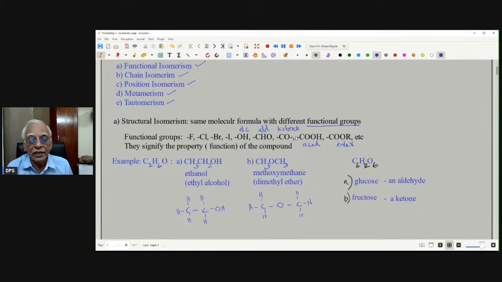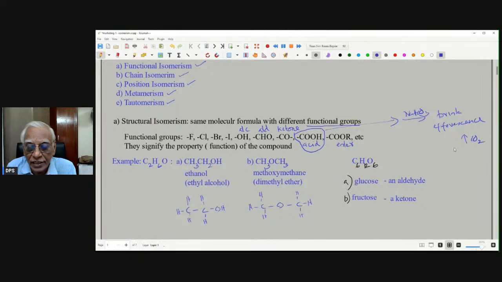For example, a compound that has COOH is called a carboxylic acid. All compounds containing carboxylic acid, on treatment with sodium bicarbonate, give brisk effervescence, small bubbles, due to the formation of carbon dioxide.